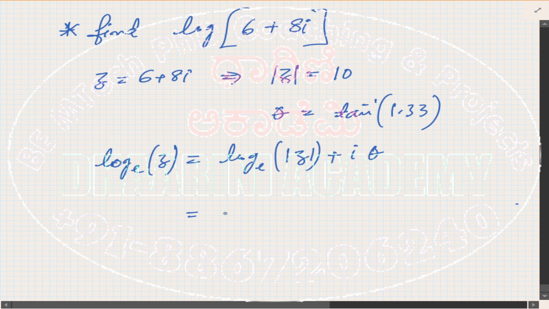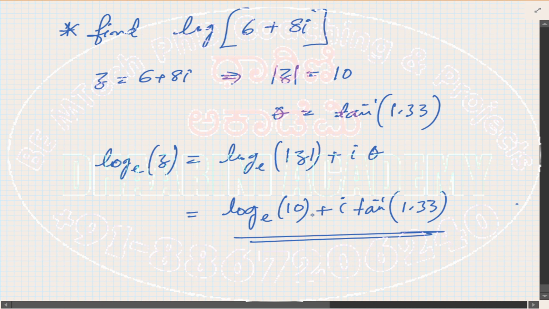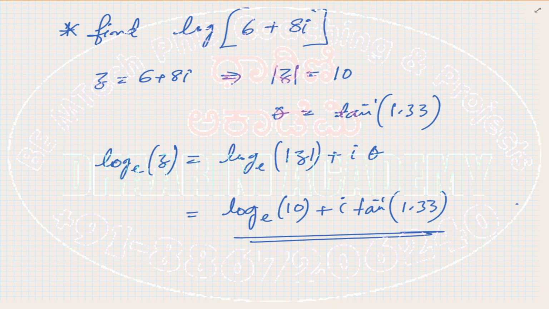So you need to calculate log to the base e of 10 plus i times tan inverse of 1.3. If we get a value that we can calculate, you can directly write the value. This needs a calculator; a scientific calculator has log to the base e, log to the base 10 and so on. We can calculate that. Otherwise, if that is not possible, give the answer as it is. Okay, all right.